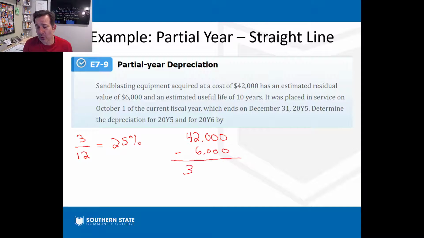So our depreciable cost is going to be $18,000. That's the amount we're going to depreciate. We have a 10-year life. We're going to divide that by 10. And I don't even need a calculator. I'm going to do that math in my head.